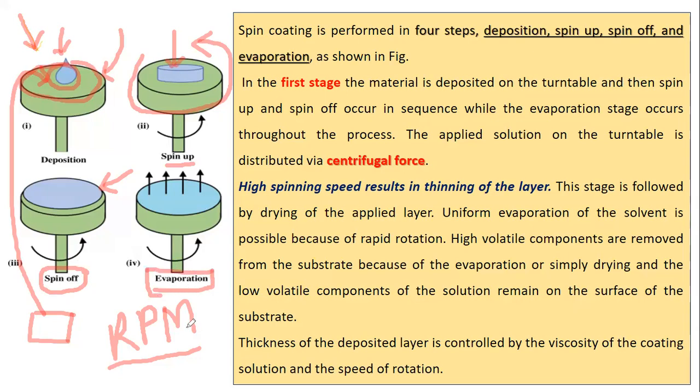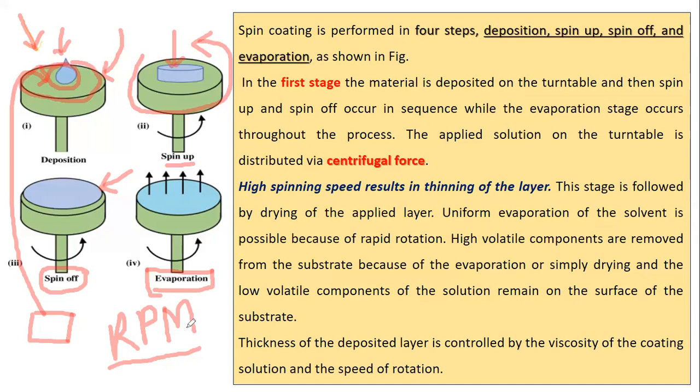Uniform evaporation of the solvent is possible because of the rapid rotation, and due to the rapid rotation, the spin coater machine was heated a little bit, and that heat was transferred through the substrate, and due to that heat, the liquid solution was evaporated.